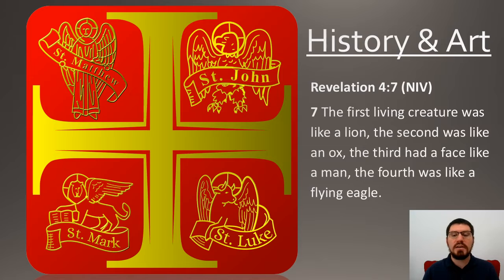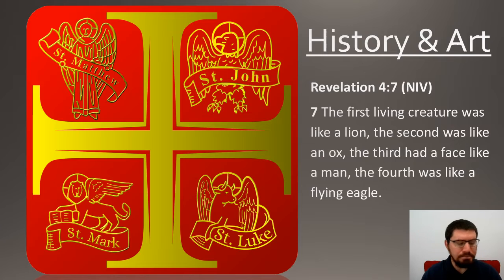The reason why Mark is connected with the lion is because he really focuses on how Jesus is a king, that lion from the tribe of Judah type thing. So there's a lot of reasons why they're connected to those different animals, but that's just some of them. Luke has been connected with the one that is like an ox, because Jesus is described there and really focused on how he is a servant of us and how he came to serve.